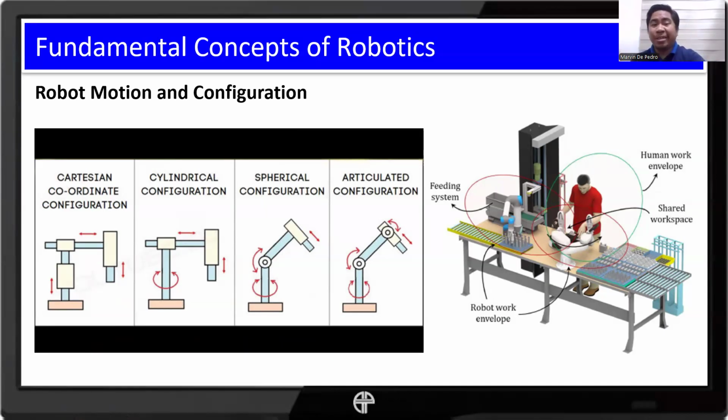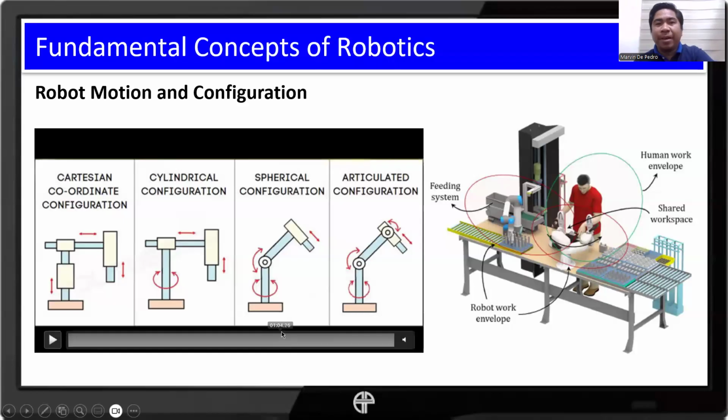But if you want it to move in a spiral movement, then that's the cylindrical. It can move around, and at the same time, it can adjust the height of its end effector. It can operate at this level, at this level, at this level, and it can go around. So that's cylindrical. And we also have the spherical and the articulated.